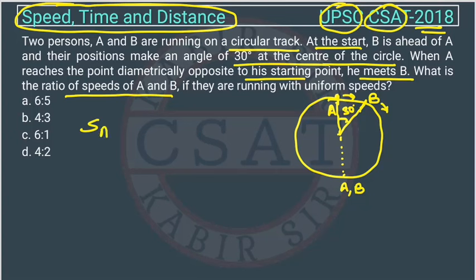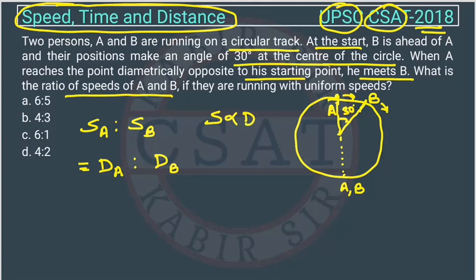So the question is asking the speed ratio of A and B. As you all know, the speed ratio will be equal to the distance ratio between A and B, because we know speed and distance are proportional to each other, right?